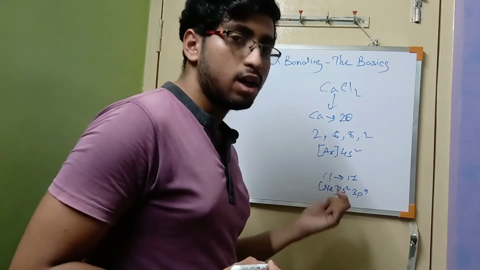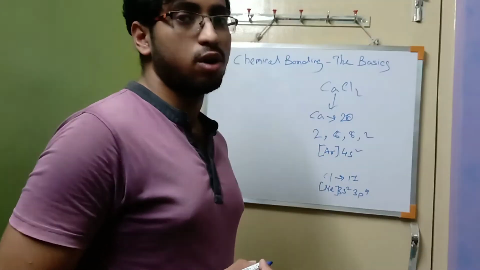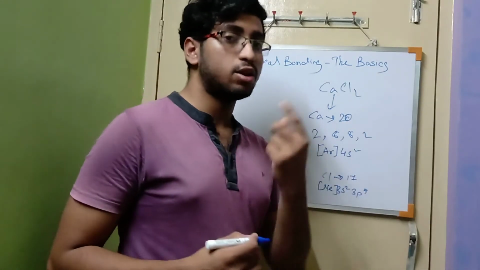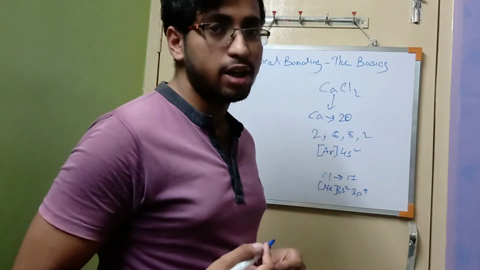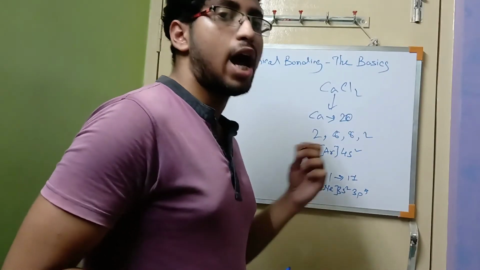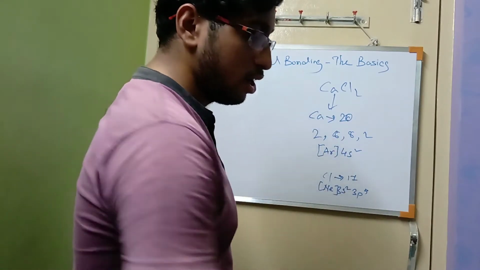So one atom of chlorine can take only 1 electron to form an octet, but here calcium is releasing 2 electrons. So how much chlorine is needed? A minimum of 2 chlorine is needed to form an ionic bond between calcium and chloride. So what should be the structure?